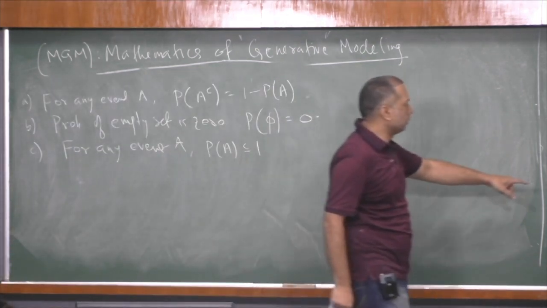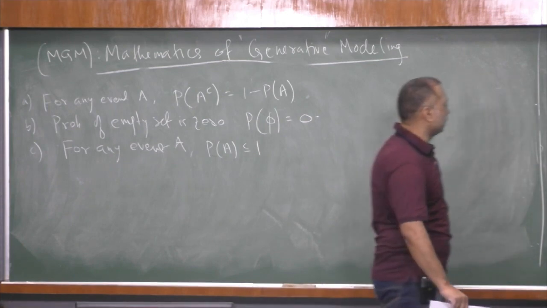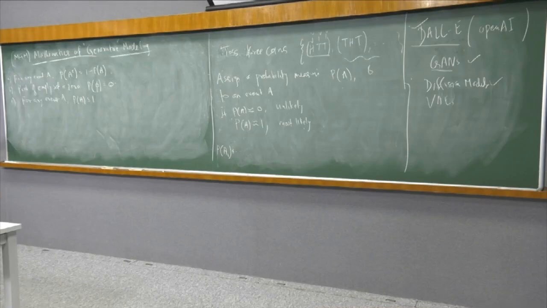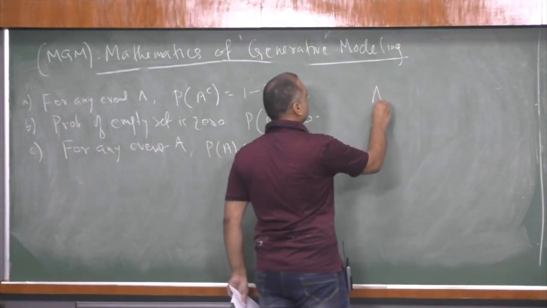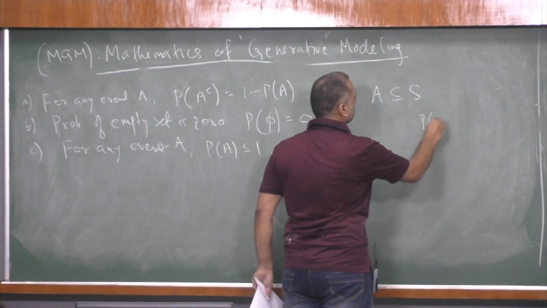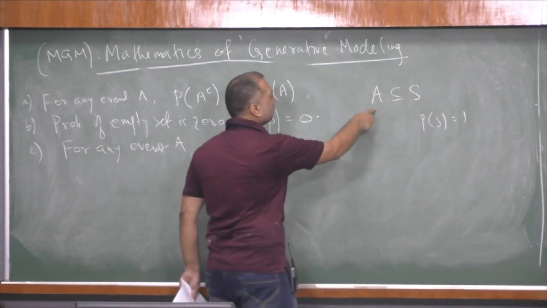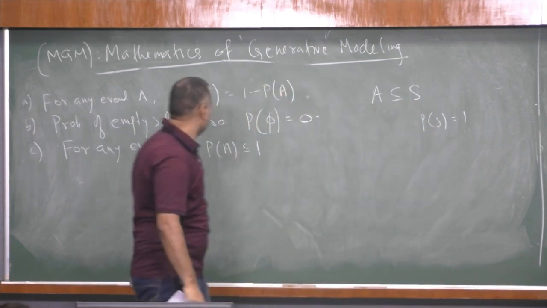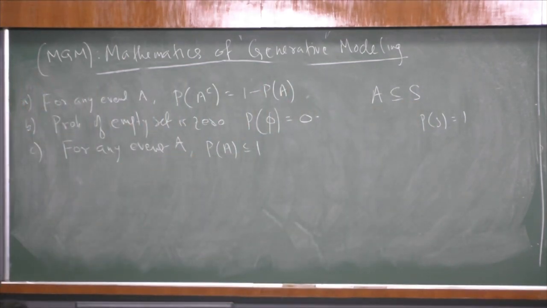In the axioms I didn't explicitly say it lies within the bound, but you have to use the fact that A is a subset of the sample space, and probability of the sample space is 1. So from here you can say that probability of A must be less than or equal to 1. These are the tricks you have to use to prove these results.